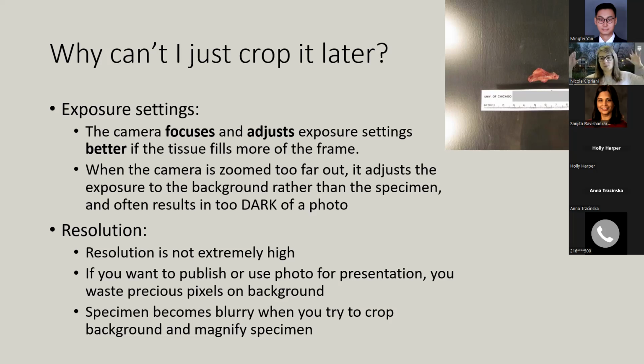When the camera is zoomed so far out, in our system it's not manual, it's automatic, so it adjusts the exposure to the background and less so to the specimen. So the specimen often becomes really, really dark. Our current background is a paler color, so it's adjusting the exposure to the pale color, and then the specimen is too dark.